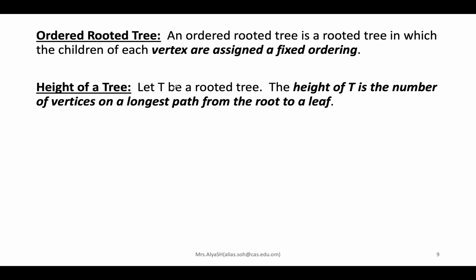Height of a tree is the number of vertices on the longest path from the root to a leaf. So you need to distinguish between the level and the height. Level is the number of edges on the longest path.